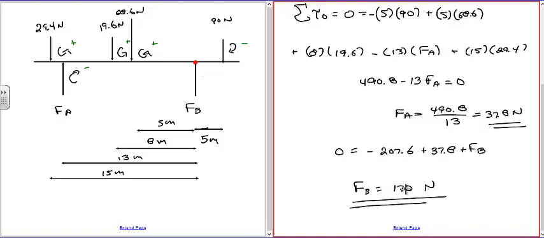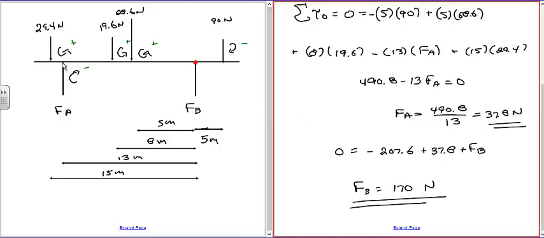So I would have expected F sub B to be more so. And if I had made this even larger, at some point this would actually become negative, and you'd have to hold this down instead of pushing it up. You'd actually have to have a thing pulling it down to keep it in balance.